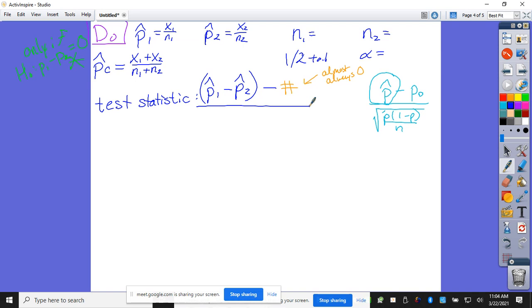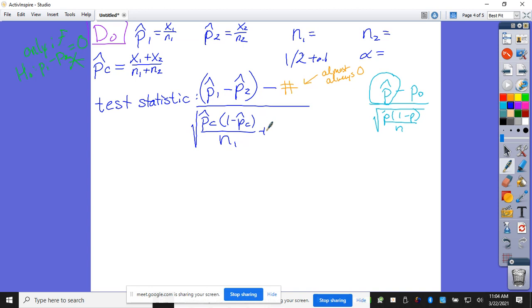So when we dealt with interval, we took p hat 1, 1 minus p hat 1, over n1 plus p hat 2, 1 minus p hat 2, over n2. But here, we're using the fact that we are claiming that they are the same, so we're using p hat c in both of these. So we're going to have p hat c, 1 minus p hat c, in relation to our first sample size.